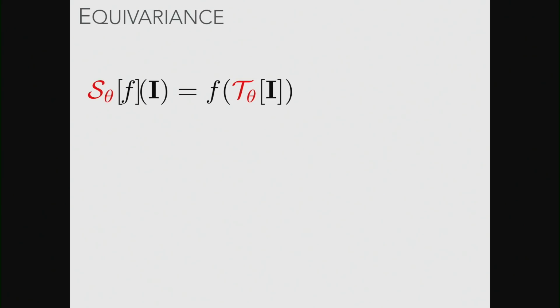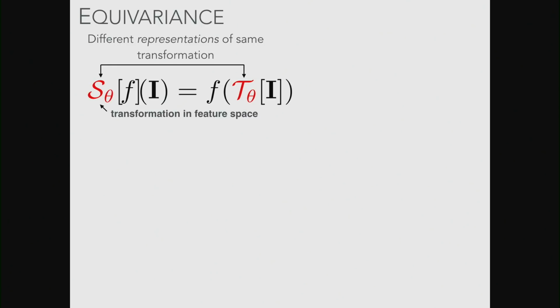Not all functions satisfy this property, but functions which do have some really nice properties which make them really easy to work with. So here we are, transformation in feature space. These are basically the same transformation, but in different spaces. But be warned, they don't always mean the exact same thing.